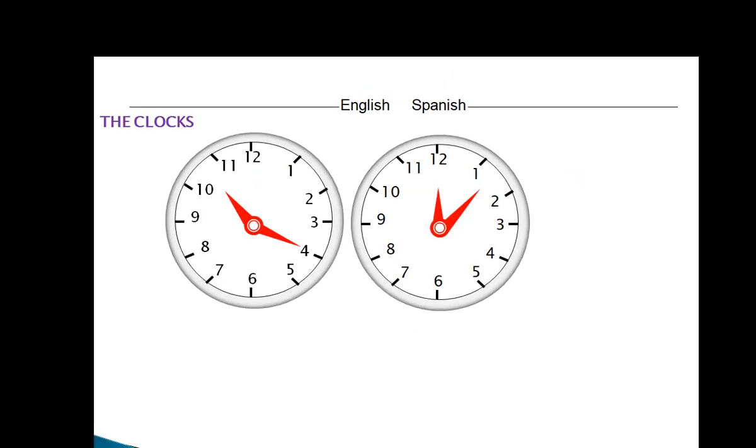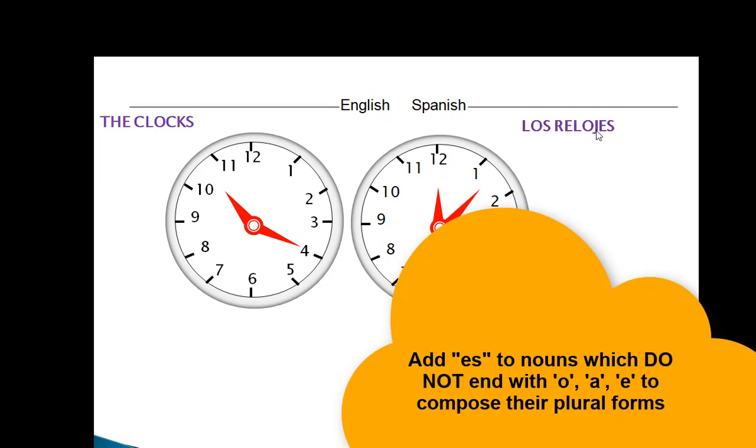And similarly, when we want to talk about the clocks, it would be los relojes. The word didn't end with O, E or A, so we cannot simply add an S to indicate that we are talking about multiple objects. We'll have to add ES towards the end. So it becomes los relojes.